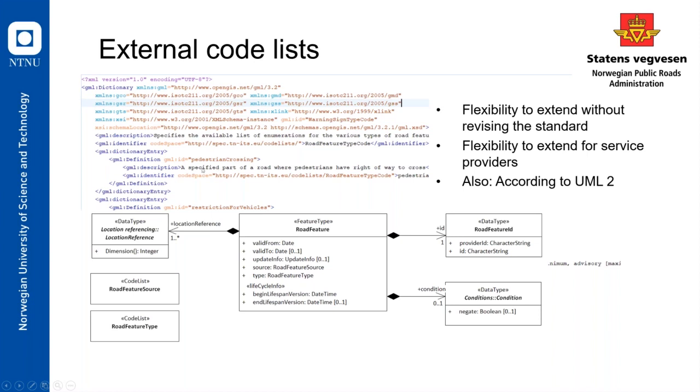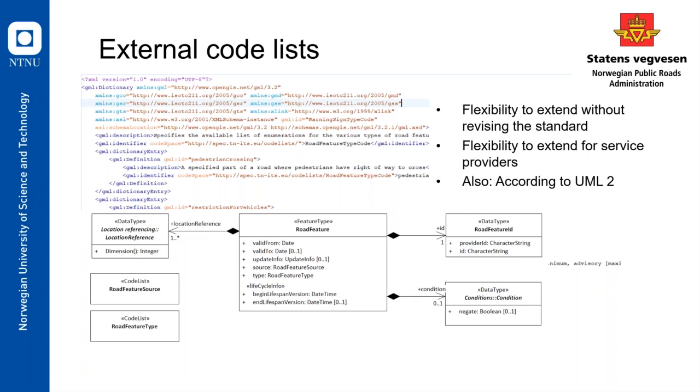Because if we had the code lists in the technical specification, then we would be very locked. It would be difficult to extend with a new kind of road feature. So instead, we have the external code lists with the standardized values as it was when we created the specification. But by having it this way, it's also possible to do local extensions for it.